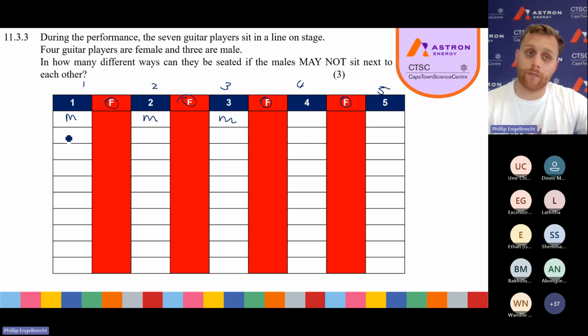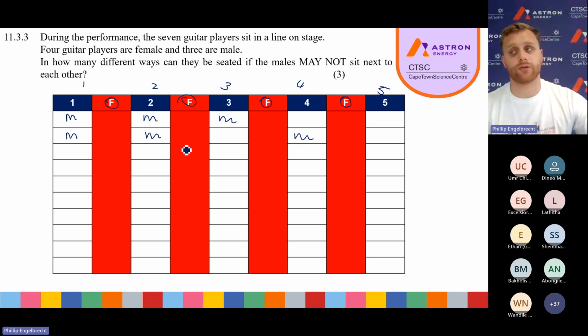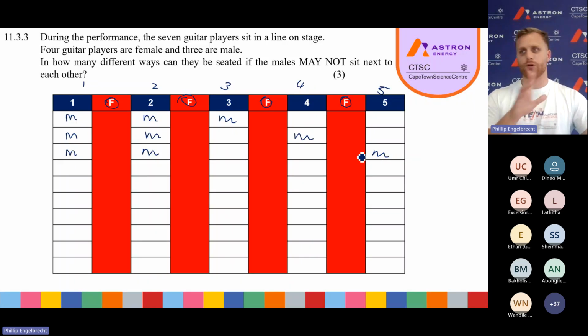Okay, I can have a male over here, a male over here, and a male over here, with a female or 2 in between each of them. I can again have a male over here, a male over here, and finally a male over here. Again, you see that they are not standing next to each other.